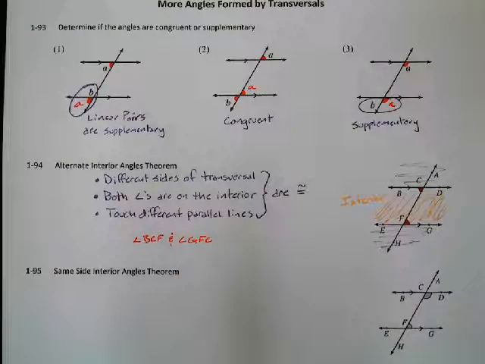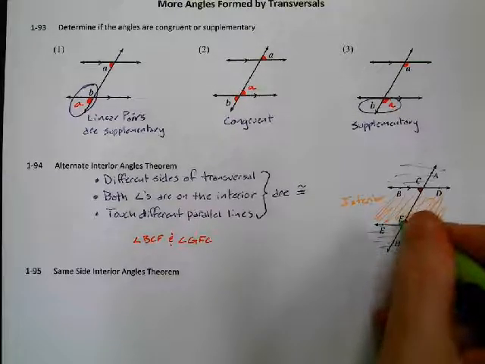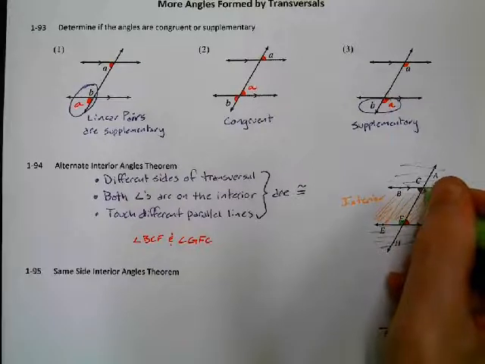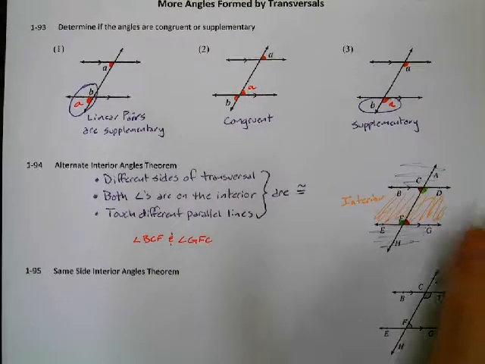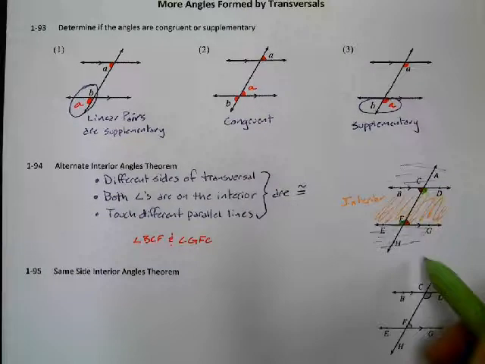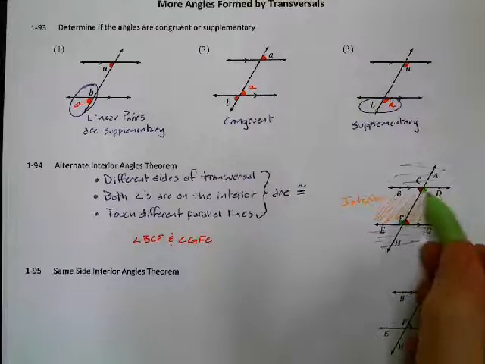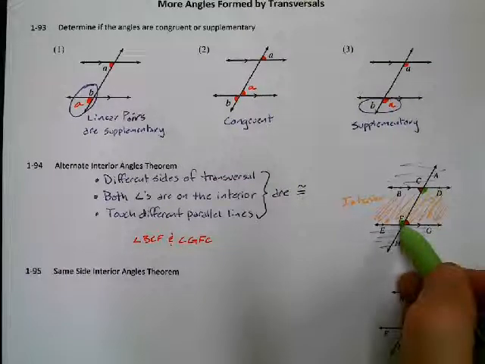Now we also have one other pair of alternate interior angles. I'll do it in green so it's not confusing. This angle here and this angle here would also be alternate interior angles. Alternate means different sides of the transversal. These are on different sides. They're both interior, both in the yellow area. And this one touches the top parallel line, and this one touches the bottom parallel line.